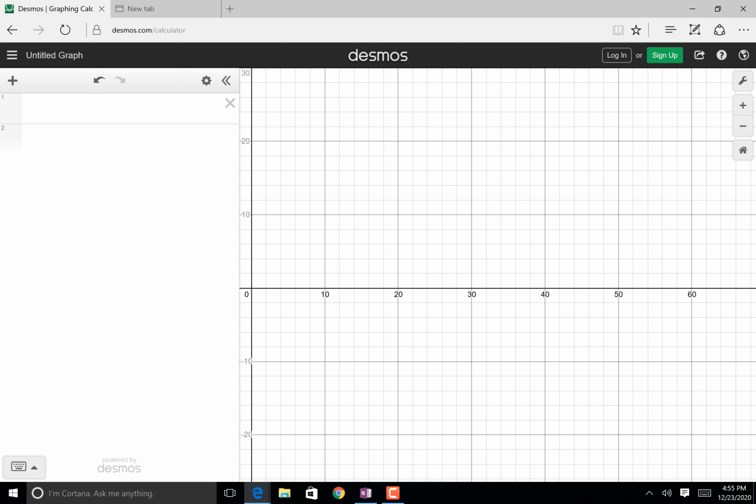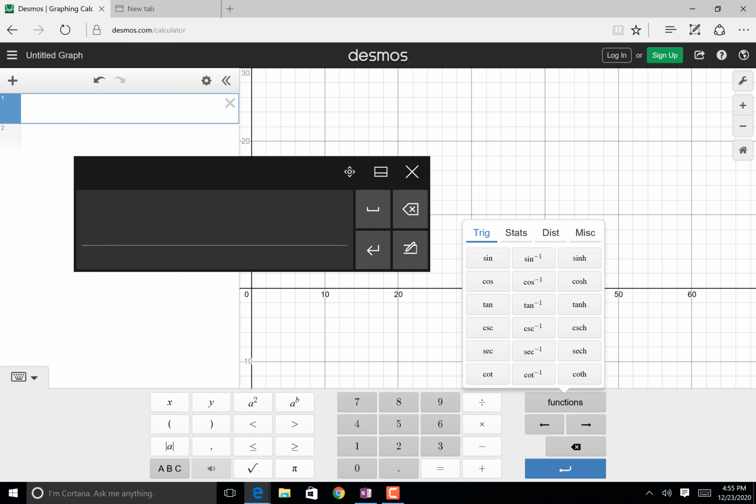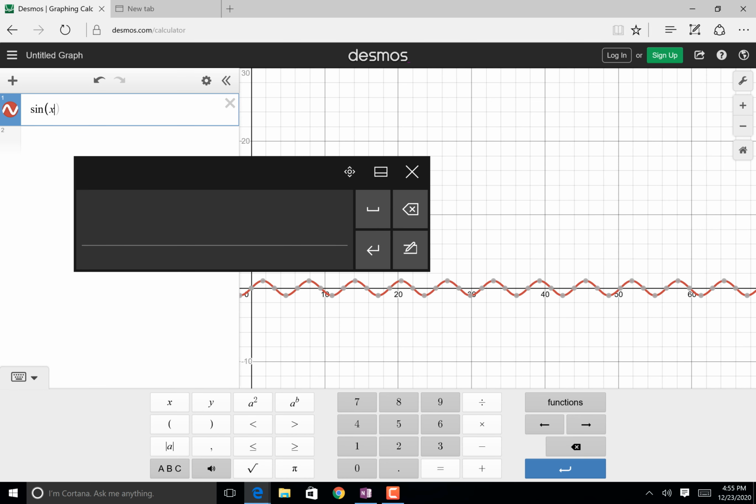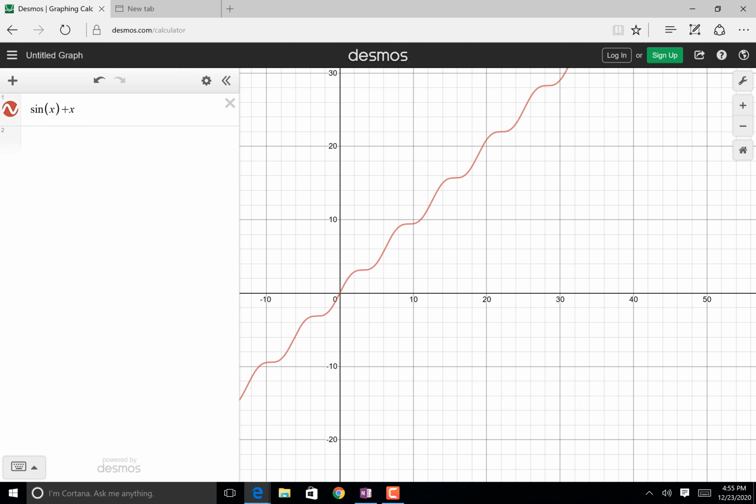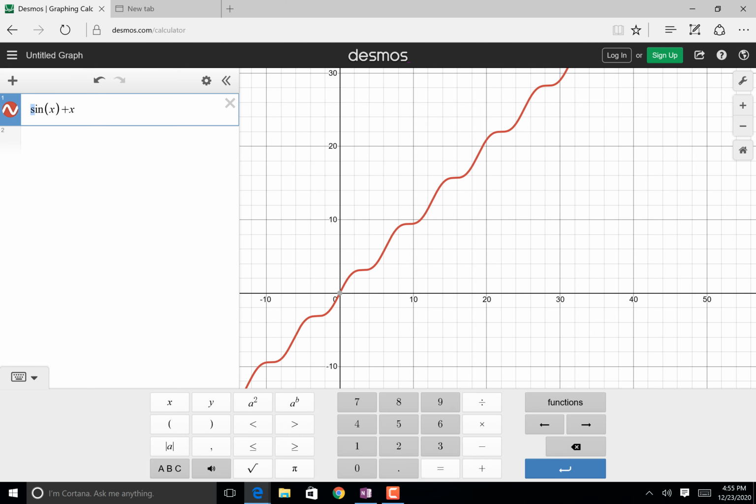I'll do sine of x plus x, rather. It's going to look something like that. It's going to continue to cascade up as we go. Now put a 2 or a 3 in front of that, and it makes it steeper, obviously.